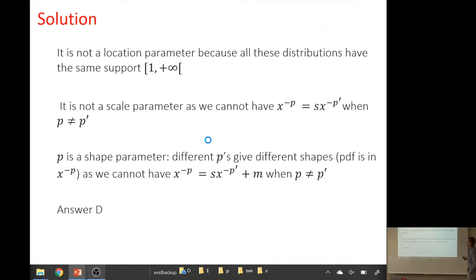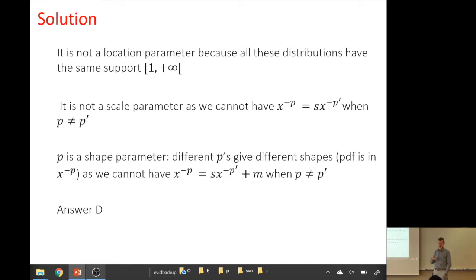It is not a location parameter because, in fact, all the Pareto distributions I've given have support in 1 to infinity. So if you vary P, you are in the same set. Location should shift in that set. Right? It is not a scale parameter either. If I change P, I don't have the same thing rescaled, taken in different units. In fact, when I have a Pareto distribution, X should be unit-free intuitively.